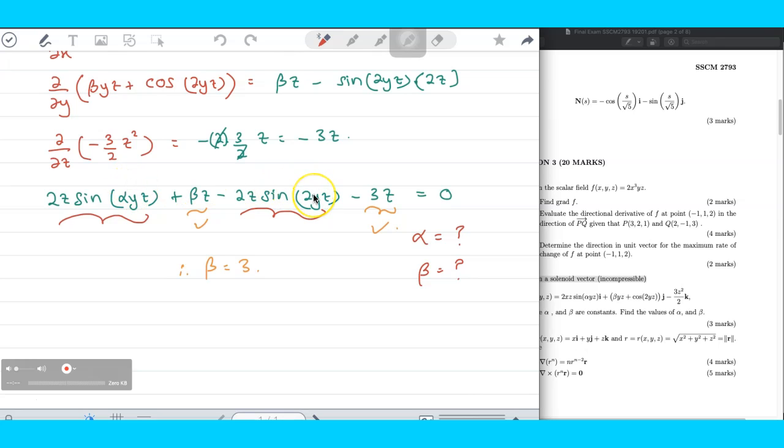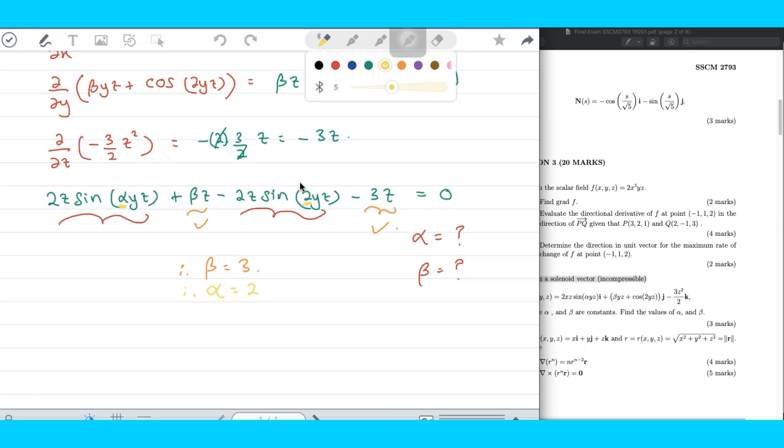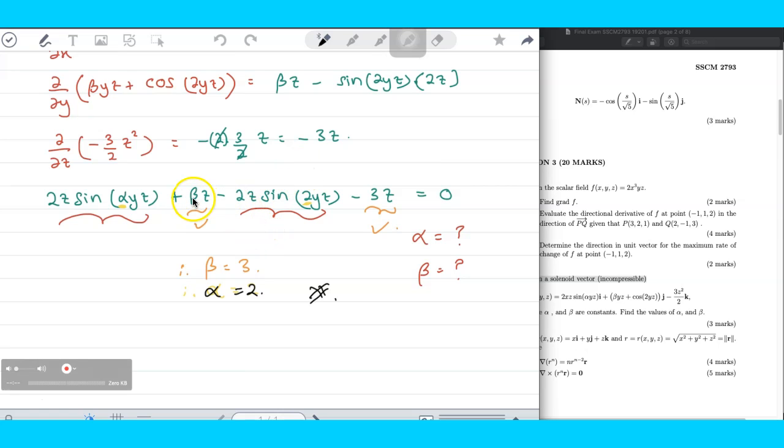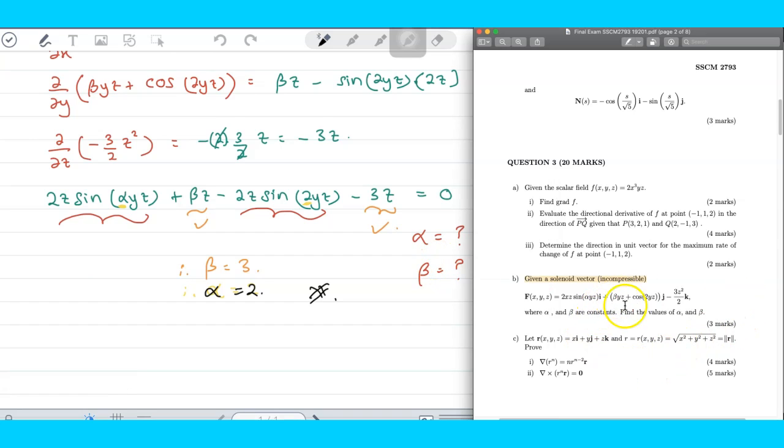To make them the same, you can see this one has 2, and we have alpha, so alpha is 2. Then when we substitute beta 3 and alpha 2, the answer is 0.